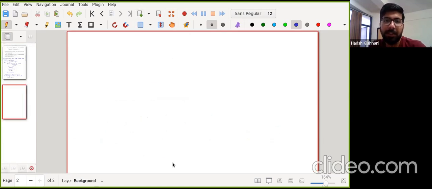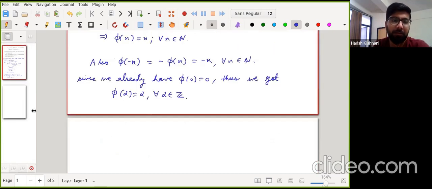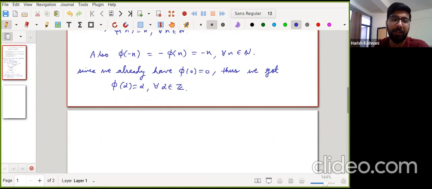Till now we have just used the compatibility with the additive operation, but a field homomorphism is also compatible with the multiplicative operation.